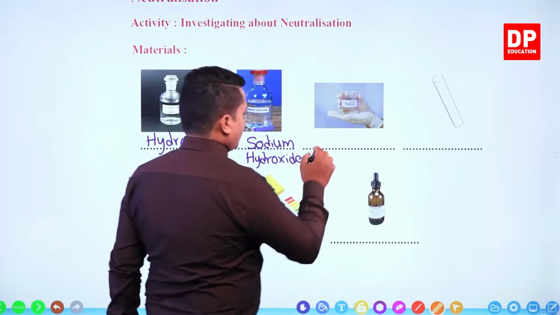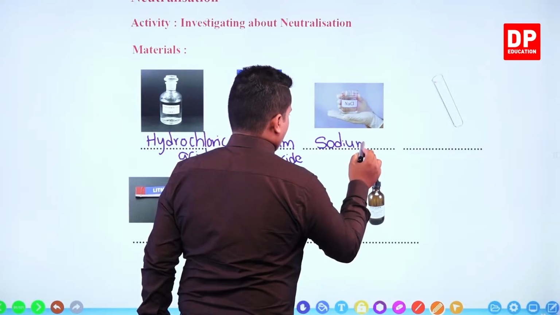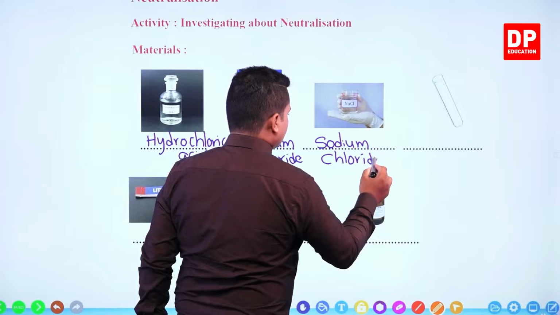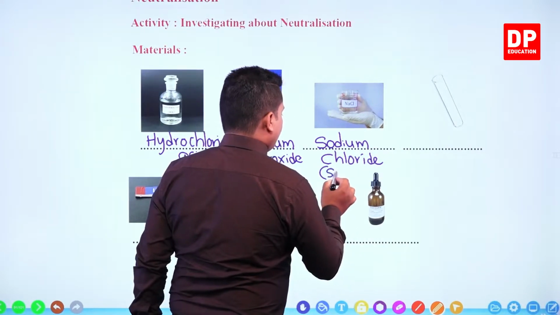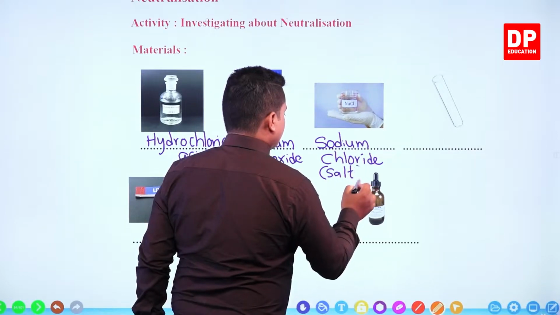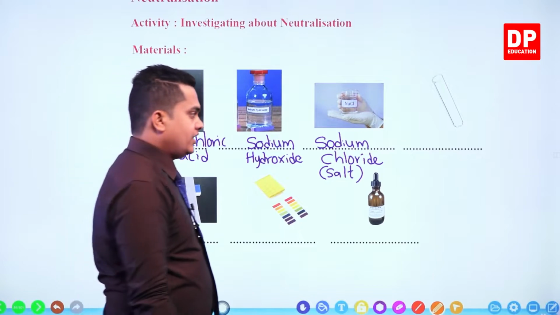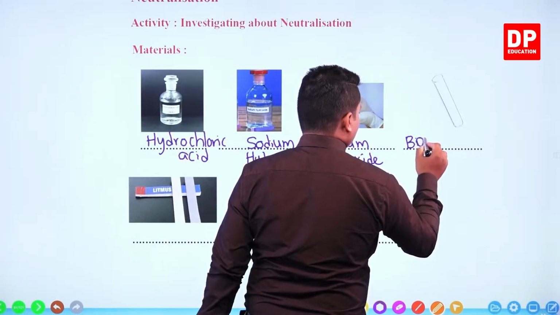Then sodium chloride solution. Sodium chloride, in simple terms, is salt solution. Then we'll be needing some boiling tubes or test tubes.